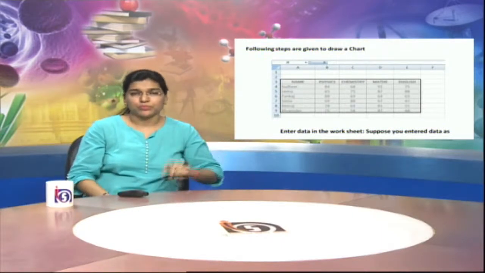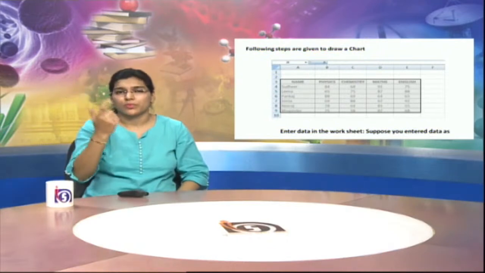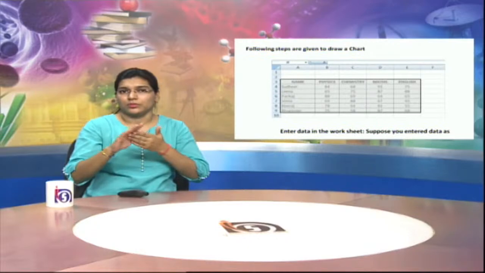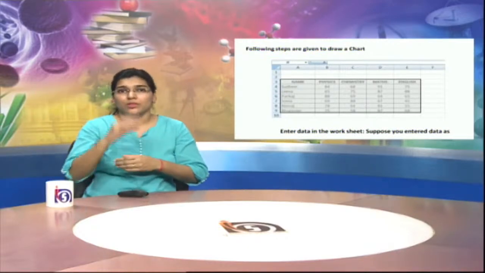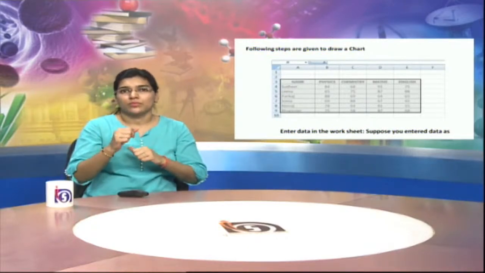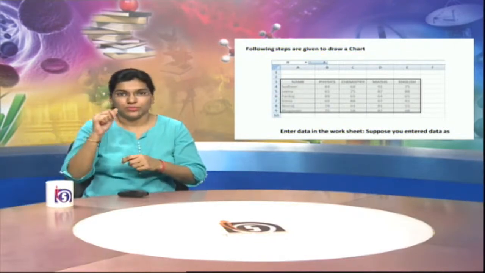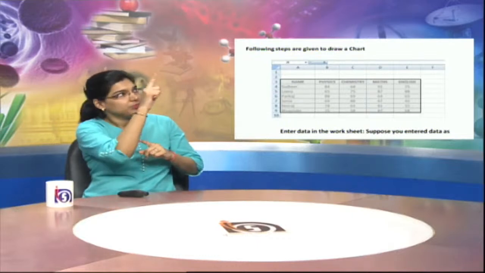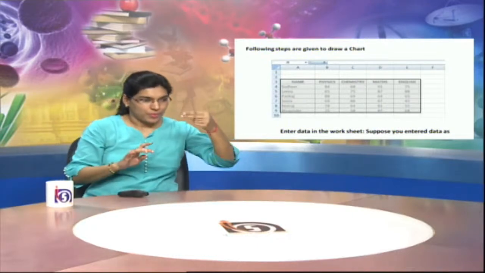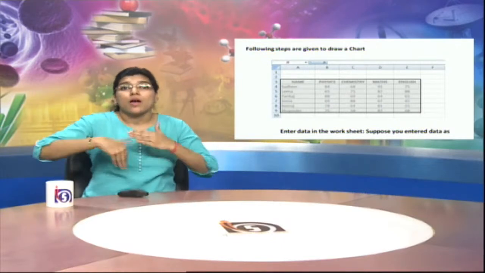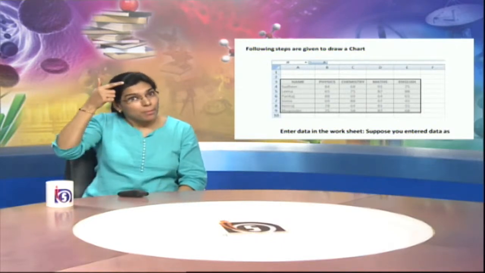Let's now see on the screen. This is a table where students' names are written, and physics marks, then chemistry marks, then mathematics marks, and English marks are written. So subjects' names and students' names are written, and also marks are there in the table.